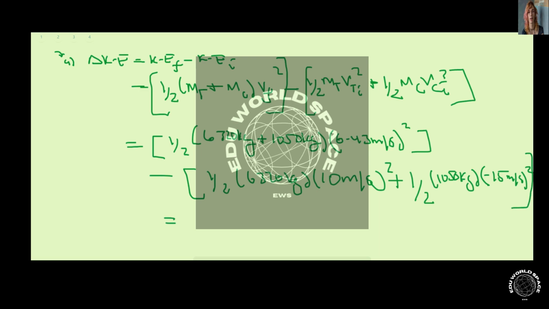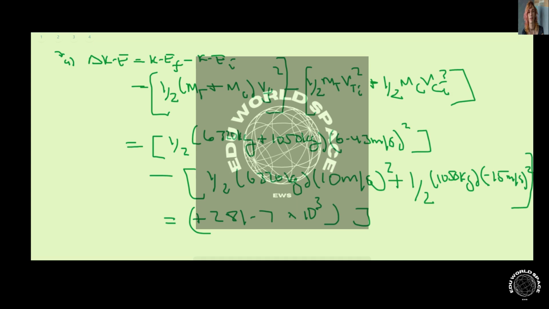And so the change in part A would be positive 281.7 times 10 to the 3 joules. That's the change in kinetic energy.